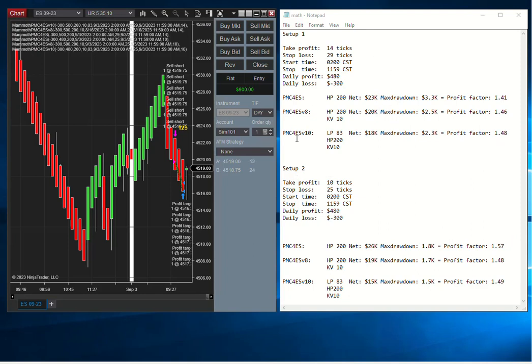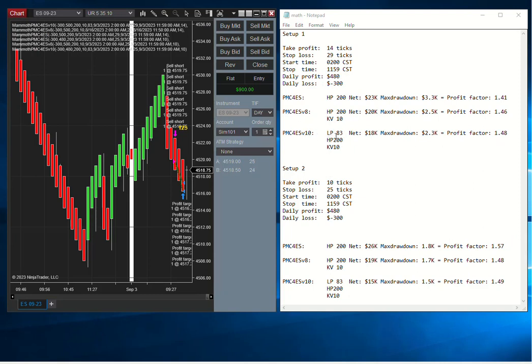Setup one, setup two. All right, setup one. Take profit 14 ticks and 29 ticks of stop loss. Start time is 0200 Central, and stop time is 11:59 Central. Daily profit is 480, that's a limit, and daily loss is 300, that's the limit. For PMC 4ES, HP 200, and version 8, version 10, 200, the settings for the HP and the KV for version 8, and LP, HP, KV for version 10.